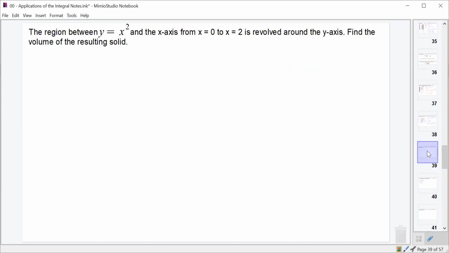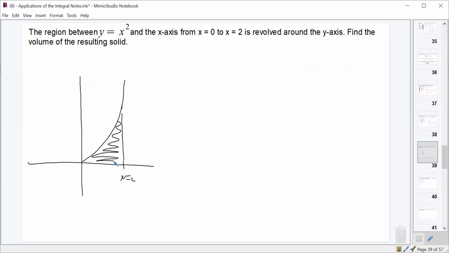So this is the last one that we're going to look at today. We're going to take the same function, y equals x squared, and we're still going to look at it from x equals 0 to x equals 2, so this region between that and the x-axis. So we're talking now about the other side of this parabola, and we're going to revolve it around the y-axis.